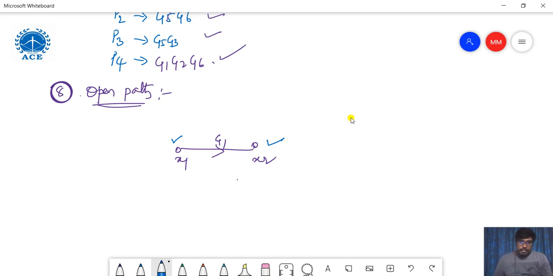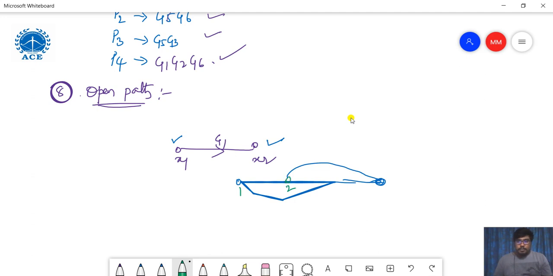For example, another one: here node 1, node 2, 3 and 4.